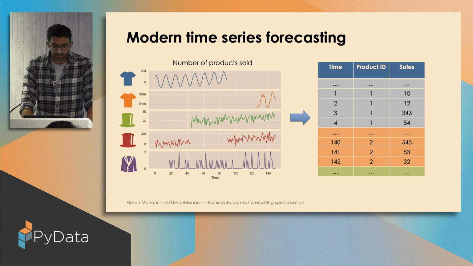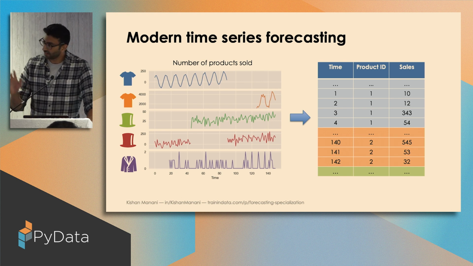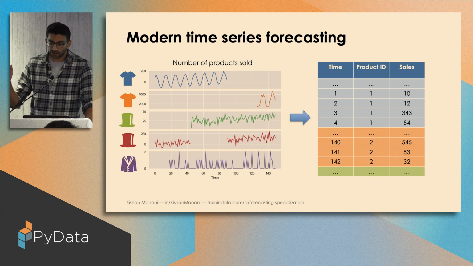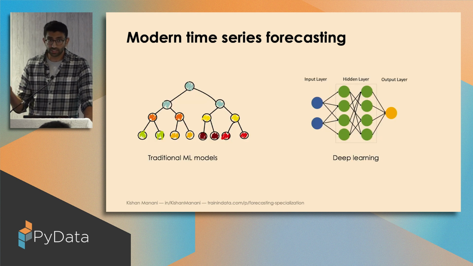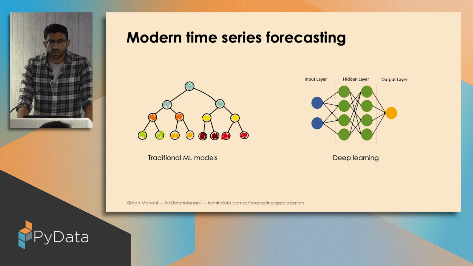So typically what you do is you actually concatenate all of these time series into a single table. You'd extract a set of features and a target variable and plug those into a traditional machine learning model like a gradient boosted tree. Deep learning models are becoming a bit more popular in this area. In my experience, they haven't really proven to be a lot better than just using a gradient boosted tree, but there's a lot of work going on in that space.